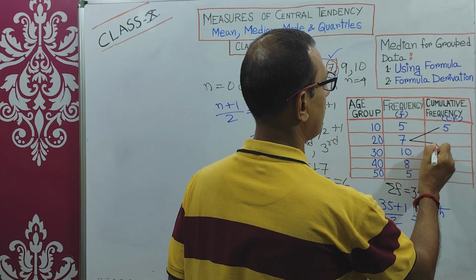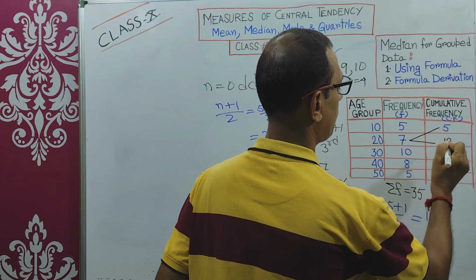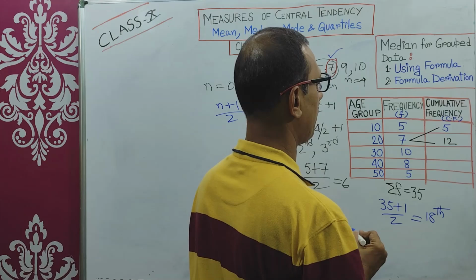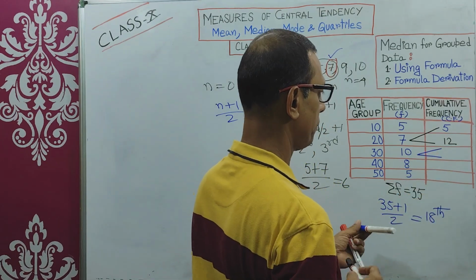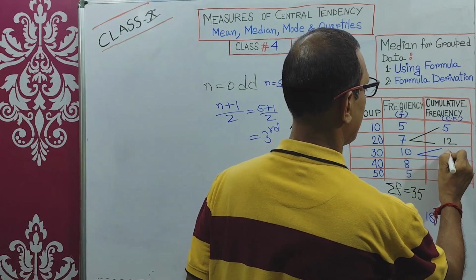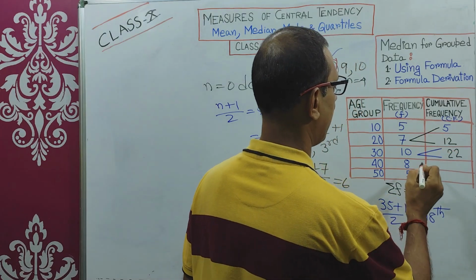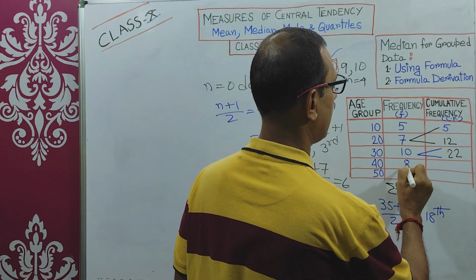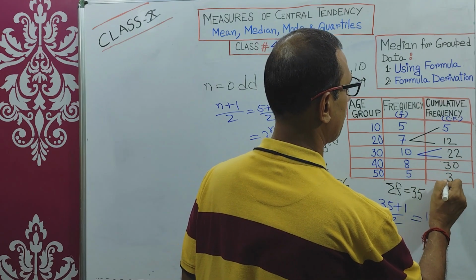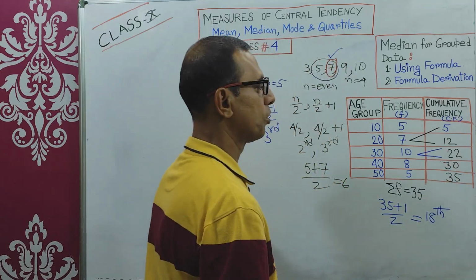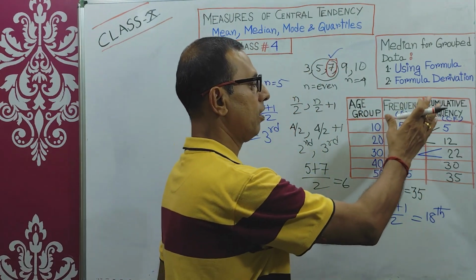5 plus 7, that is 12, right? Then 12 plus 10, that will be 22. And then 22 plus 8, that will be 30. And this one will be 30 plus 5, 35. So that is the cumulative frequency.